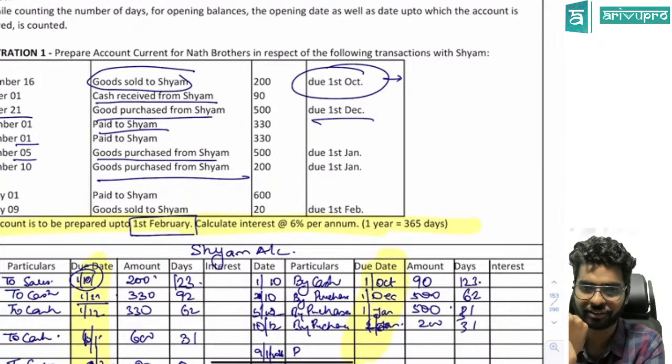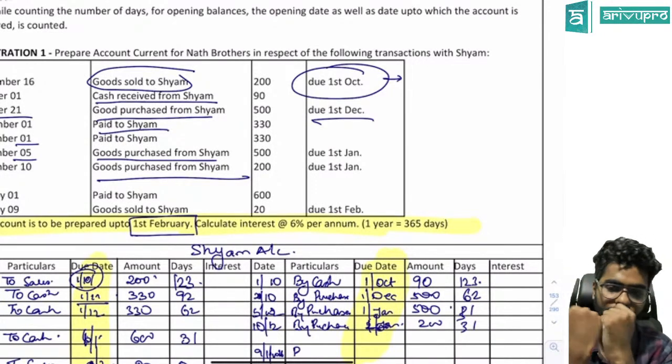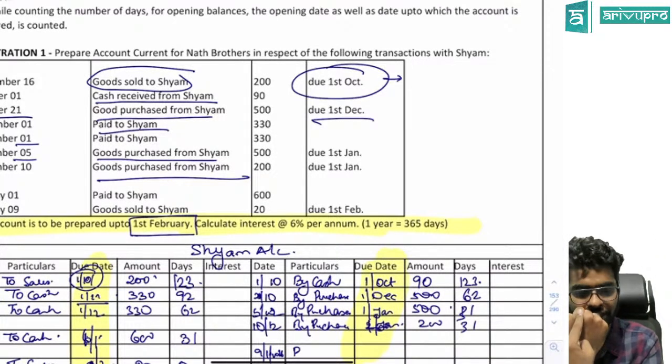So January, Feb for the one below the knuckle, March 31, April 30, May, June, July. So the ones which are on top of the knuckle will be 31. Then August, September, October, November, December, Jan, Feb.